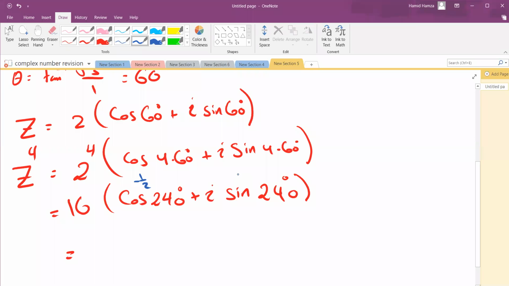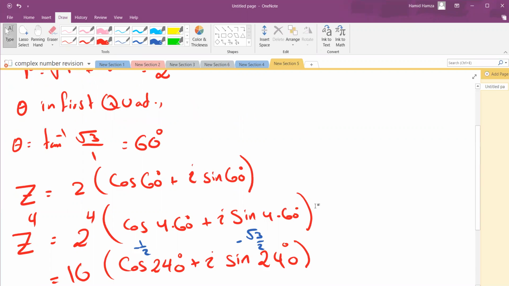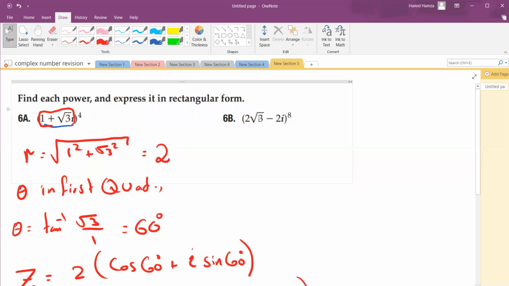Sine 240 is negative root 3 over 2, so it will be 16 times negative root 3 over 2, which is negative 8 root 3 i. So this is the answer in rectangular form.